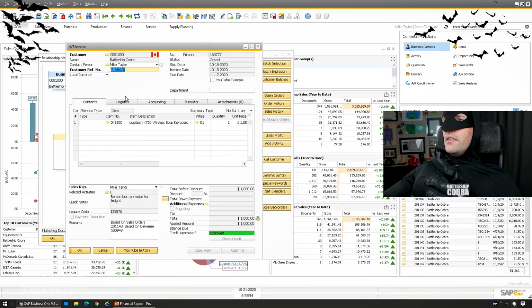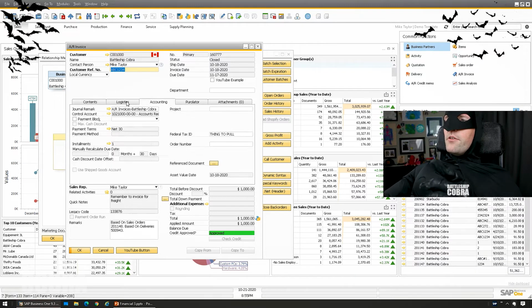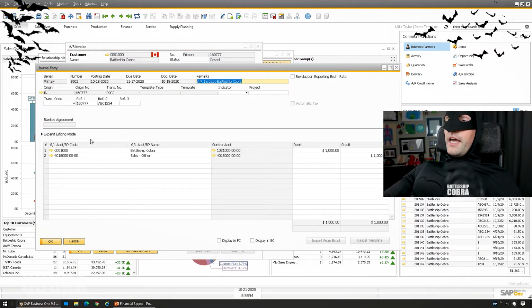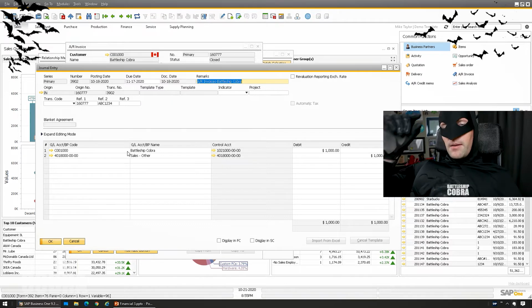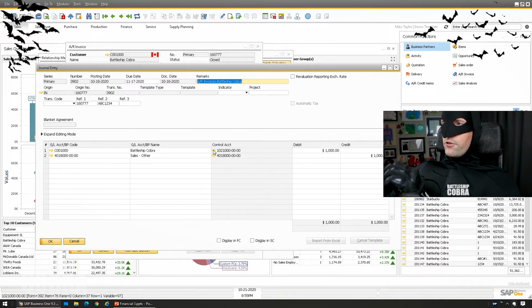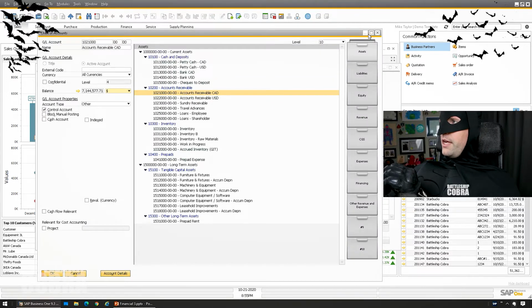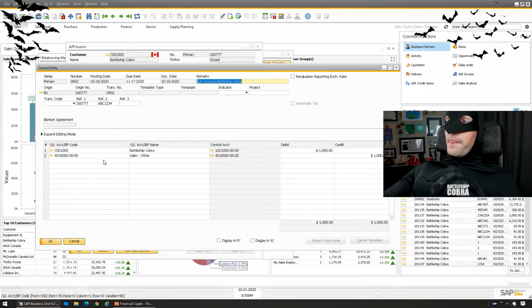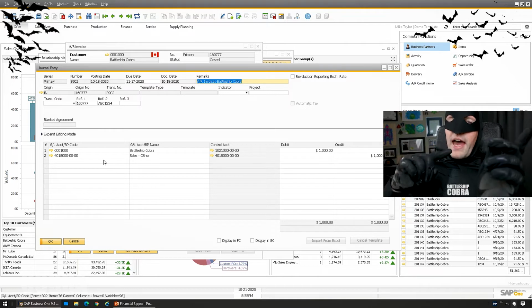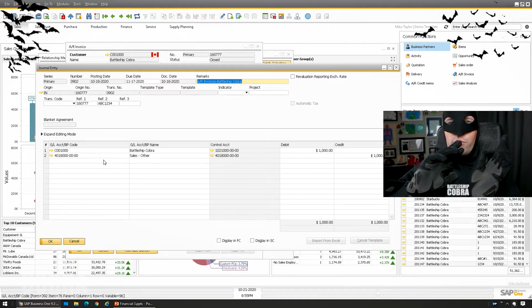Once this opens, you're going to see accounting, journal entry, and you're going to see here, it's a subledger. And if you don't know what subledger, go back to video 1, C001,000. So that's the subledger specifically for BattleshipCobra within the control account of accounts receivable. Then it's going to increase that because now BattleshipCobra owes us $1,000 more, and we had $1,000 worth of revenue.